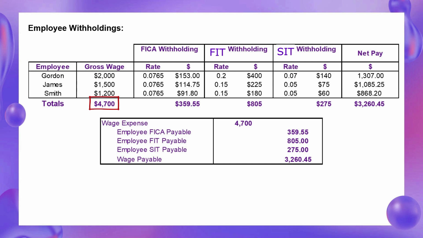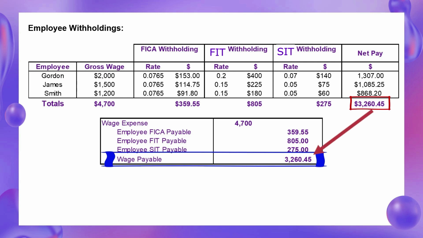That is going to be the cost of the wage. We'll reflect wage expense with a debit of $4,700. The only other question here is, who are we going to pay those wages to? $3,260.45 will be paid directly to the employees in the payroll check. We'll refer to that as wage payable or net wage payable to the employees or something like that.